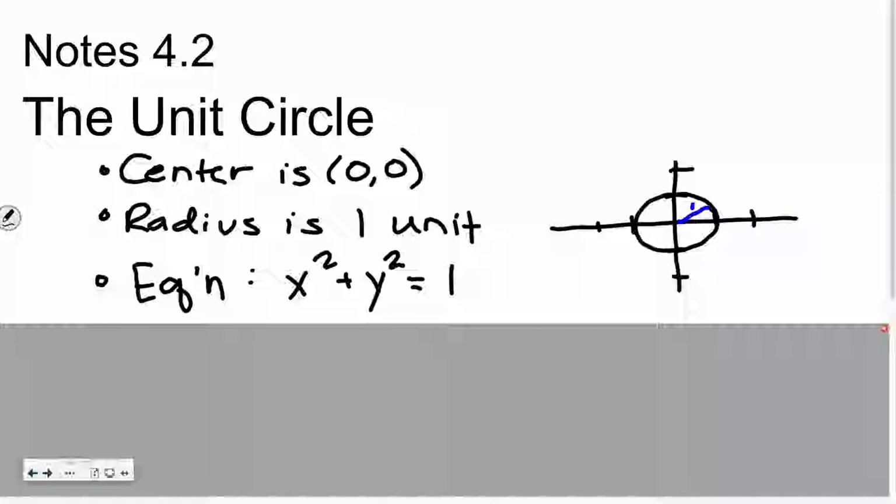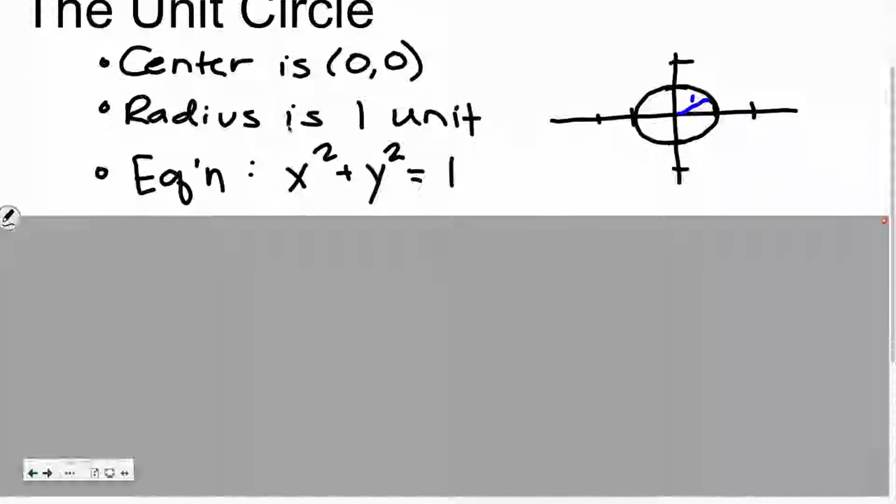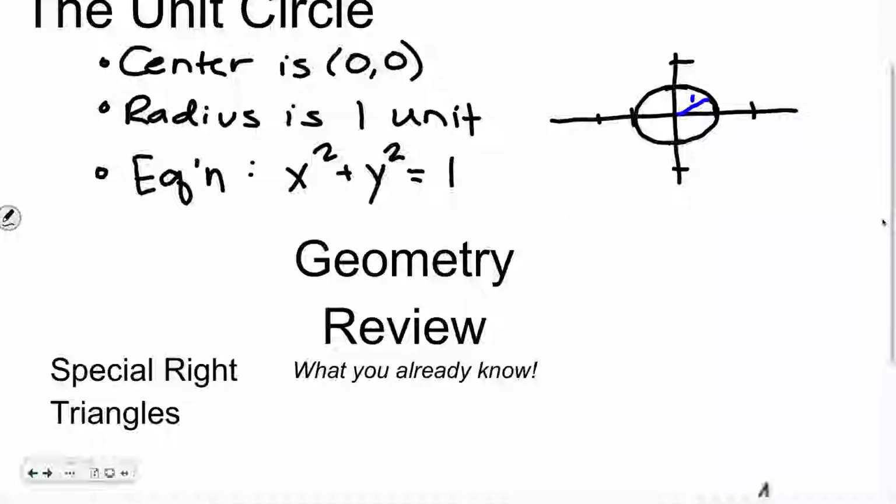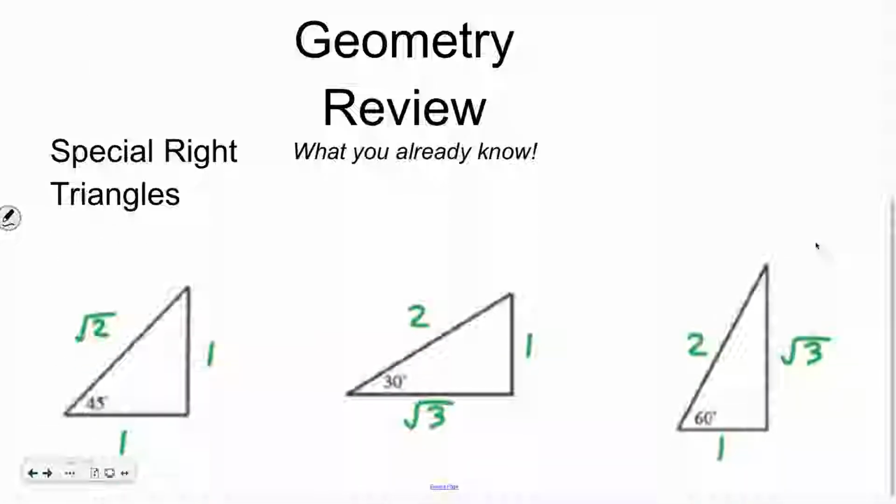Now, what is below here behind the shade, you don't really have to write down in your notes because you should have it in your notes from yesterday. It's just a review of geometry and special right triangles, because we're going to be labeling some things on the unit circle, the circle centered at 0, 0 with radius of 1, and we're going to be using the special right triangles.